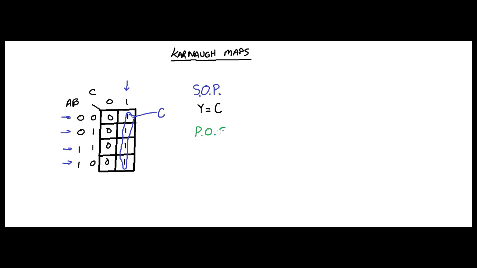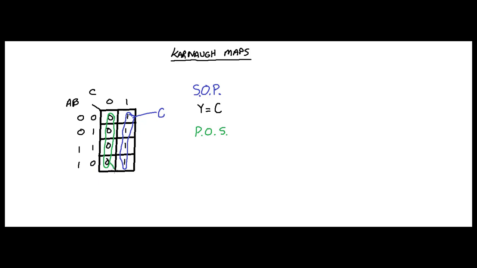Now, next we're going to use the POS method. If you remember, in the POS method, we group the zeros, don't we? Alright? So let me just get rid of these on the side here, and this one here. Now, I'll leave the blue grouping. We're worried about the green. So if we're going to group the zeros, we'll do this, won't we? There we go.